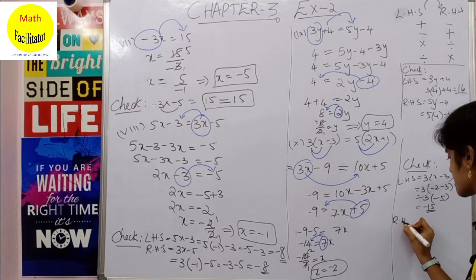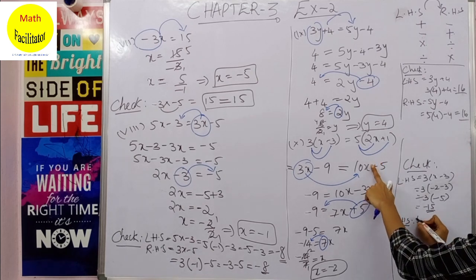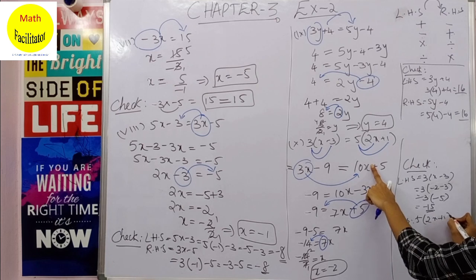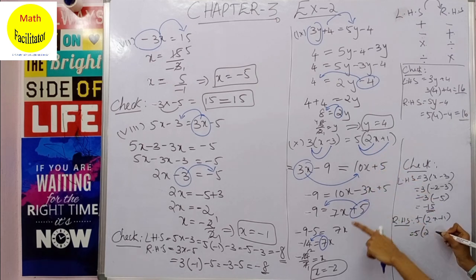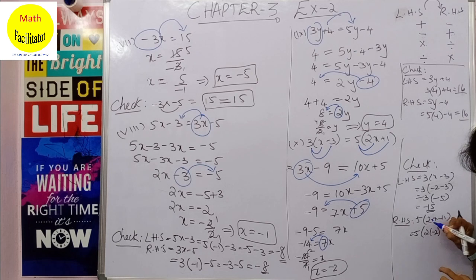Now what is RHS? RHS is 5 multiplied by 2x plus 1. Okay, so it is 5 multiplied by 2x plus 1, where x is minus 2. 2x is nothing but 2 into x. Do you agree? So this is 5 multiplied by 2 into minus 2. 2 2s are 4 and you have a minus. And here you have plus 1.